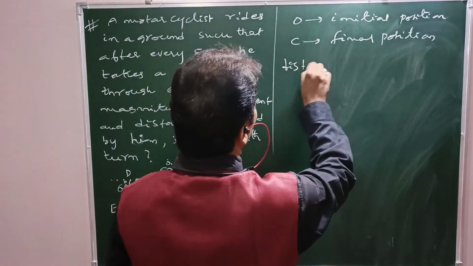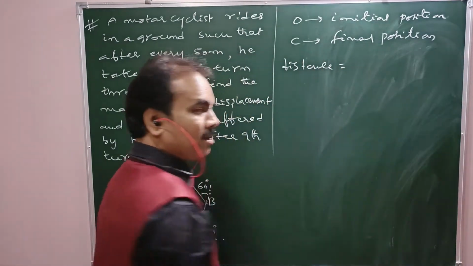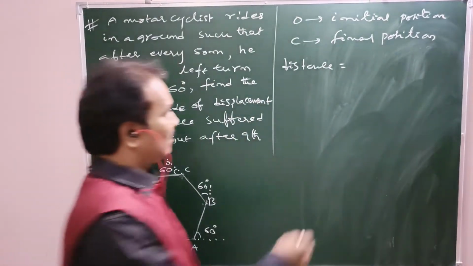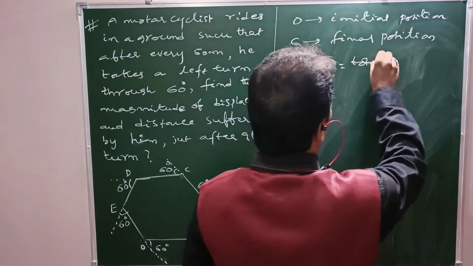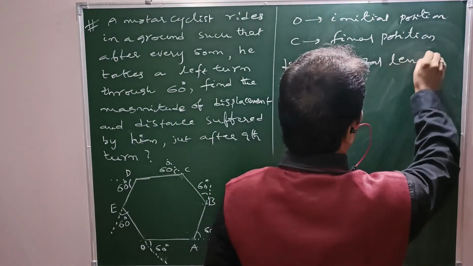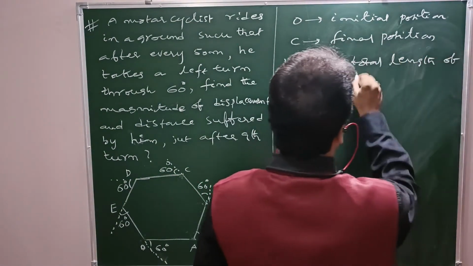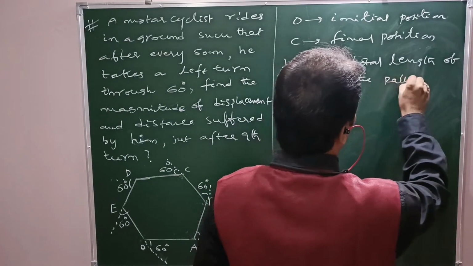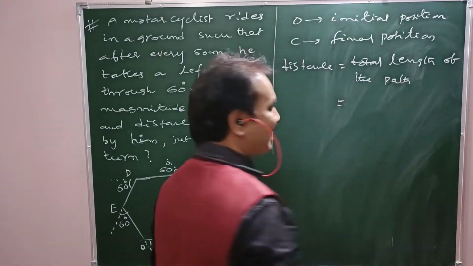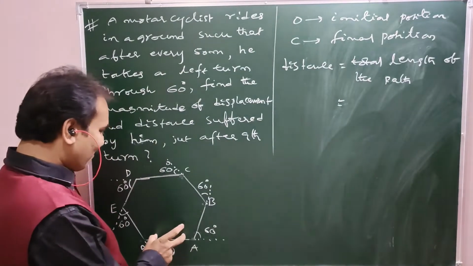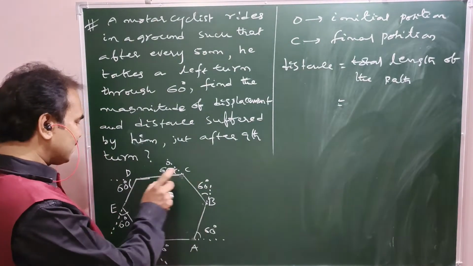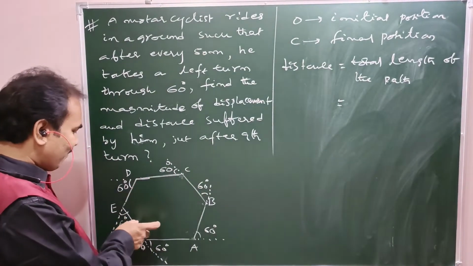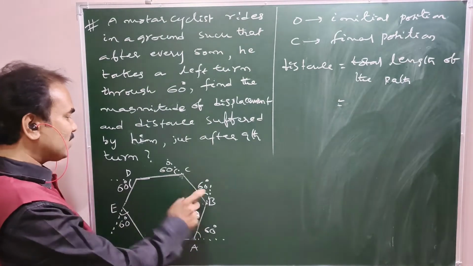Now, what is the distance? Distance means the total length of the path. Am I right? Now, what is the total length of the path? See, 50 plus 50 plus 50 plus 50 plus 50 plus 50 plus 50 plus 50 plus 50.